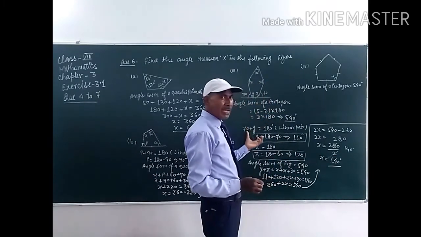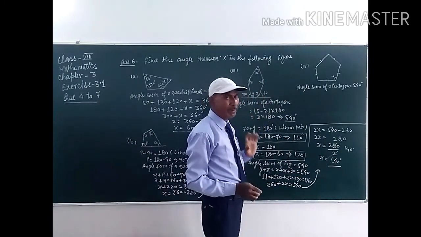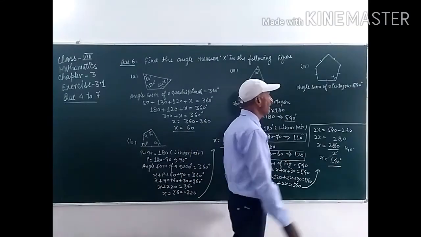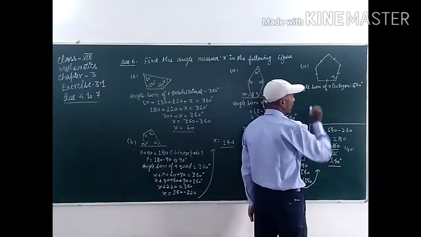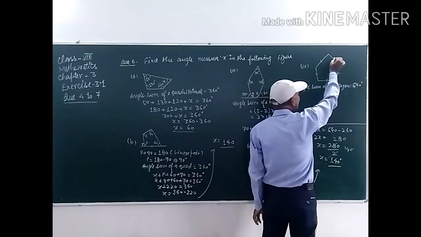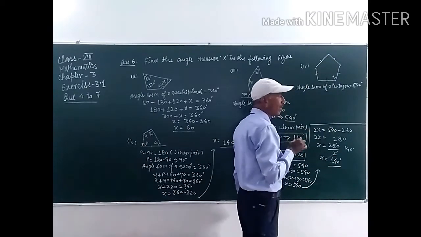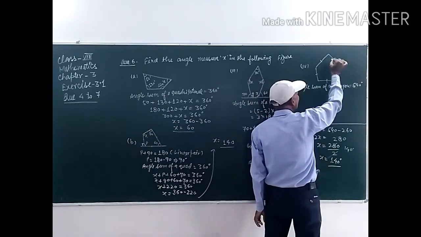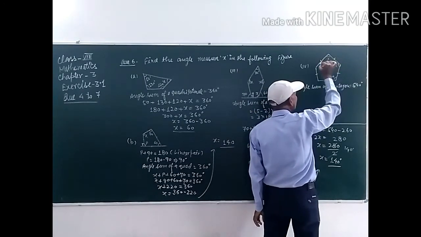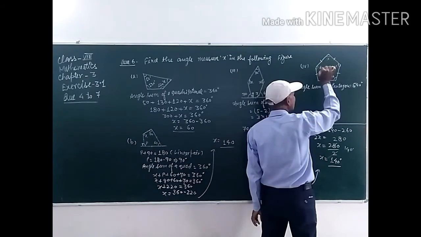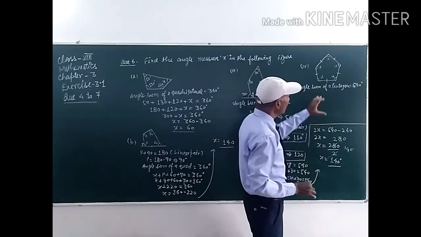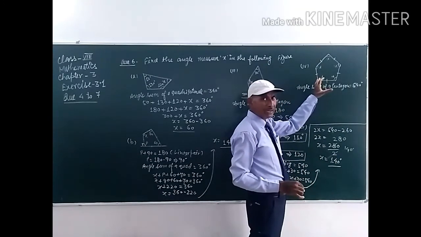In this question we have found the angle sum of a pentagon, that is 540 degrees. It is a regular pentagon, so all the sides are of equal length. Therefore, the measure of all angles will also be equal. This one will be x, this one will be x, and so on.